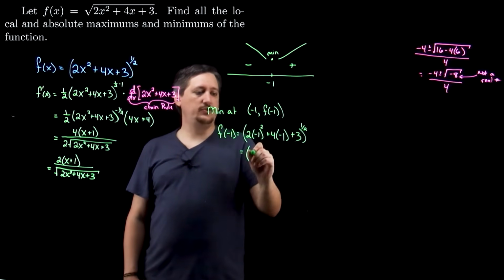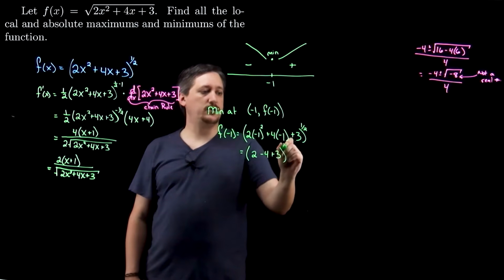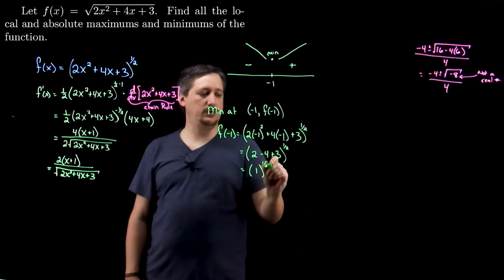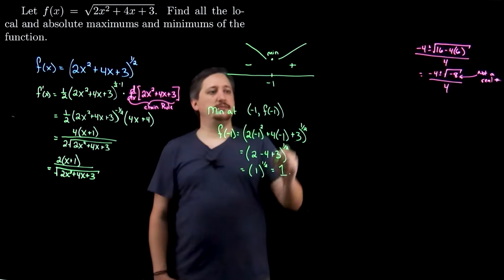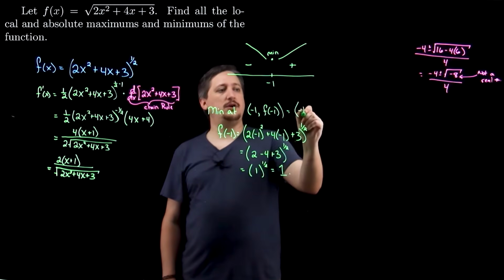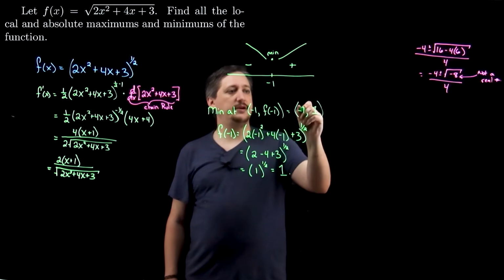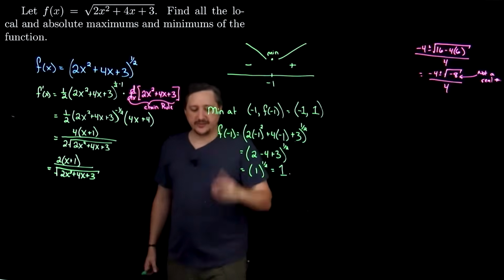So this is the square root of 2 minus 4 plus 3, which is 2 and 3 is 5, minus 4 is 1, square rooted, which is just 1. So this is a minimum at negative 1 comma, and then I got 1 as my function evaluation. Okay. So this gives me a local min.